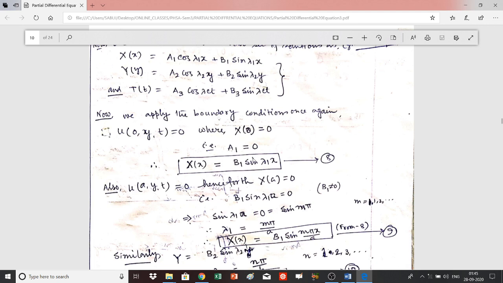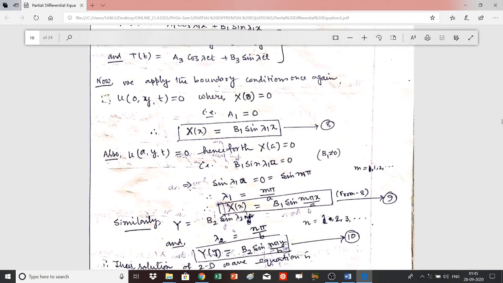So x at a is equal to 0, that is equal to b1 sin lambda 1a, that is equal to sin m pi. M is a constant, starting from 1 to 3 and other higher values. So from here you can calculate lambda 1 is equal to m pi by a. So from this relation, x is equal to b1 sin m pi x by a.